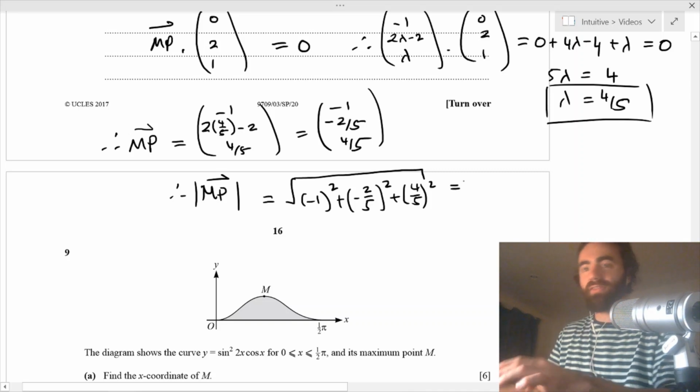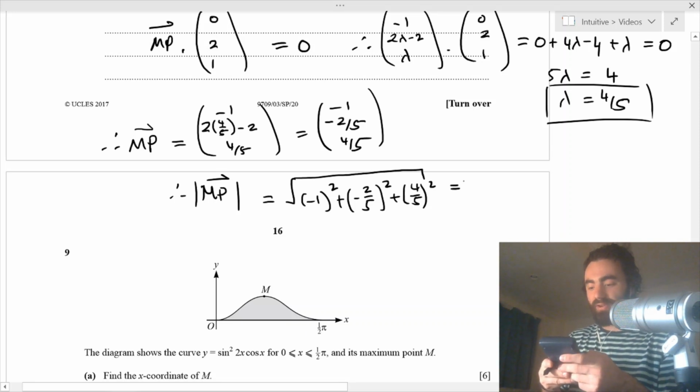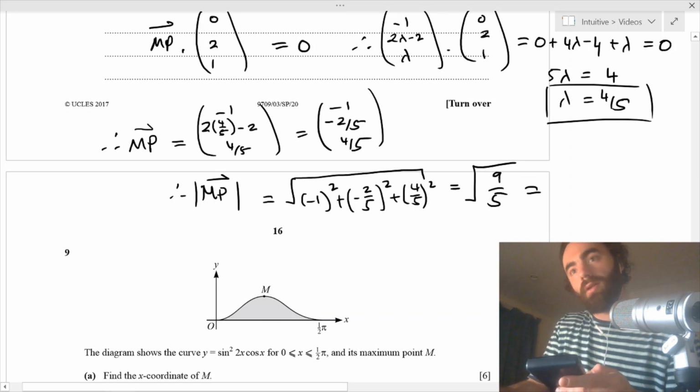And hopefully, if I did all this right, we should be getting in the vicinity of that. I'd be pretty annoyed if I went through all this and got it wrong. So that is equal to the square root of, this is equal to 3 over the square root of 5.